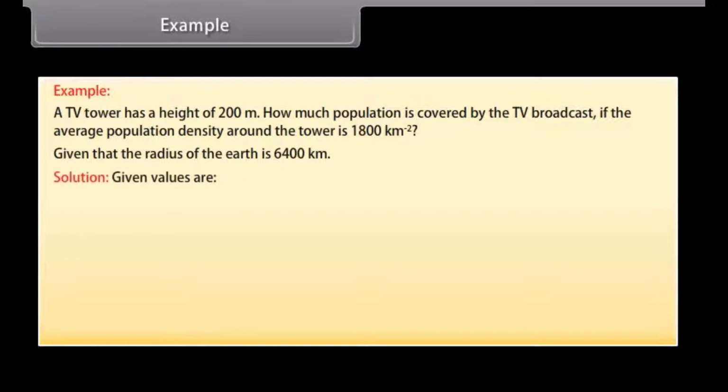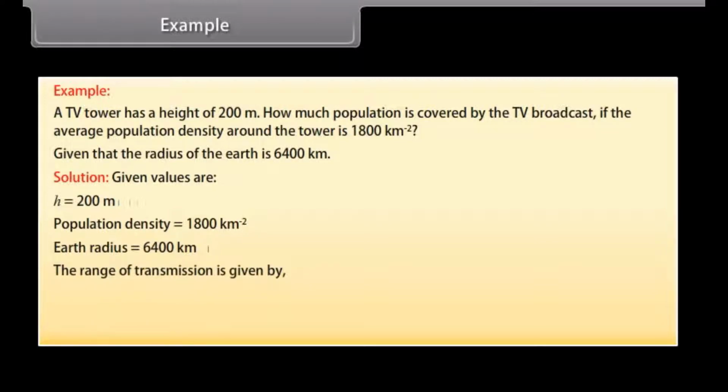Let's see the solution. Given values are h equal to 200 meters, population density equal to 1,800 per kilometer squared, and Earth radius equal to 6,400 kilometers.